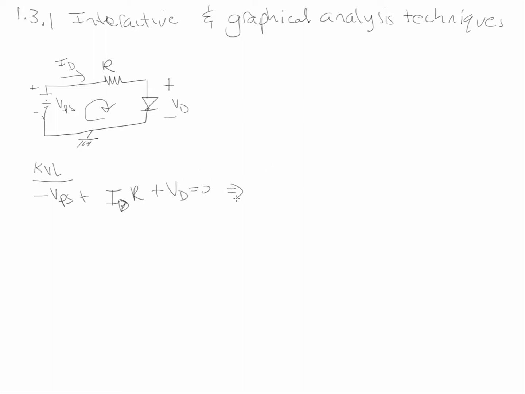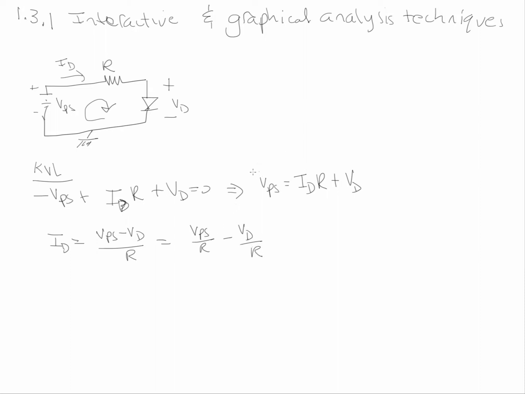You could rewrite this as V power supply equals ID R plus VD, the voltage across the diode. And we could also solve this for ID. This is going to be equal to the power supply voltage minus VD, over R, which is the same thing as V power supply over R minus VD over R.